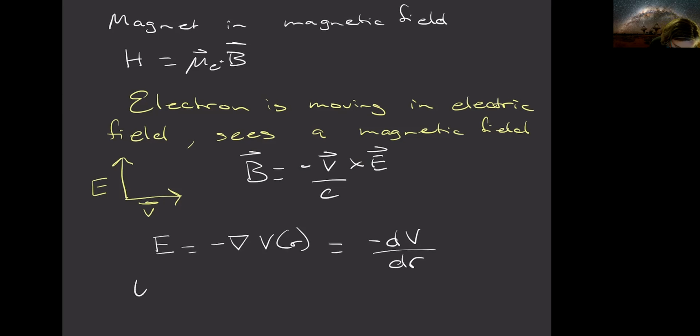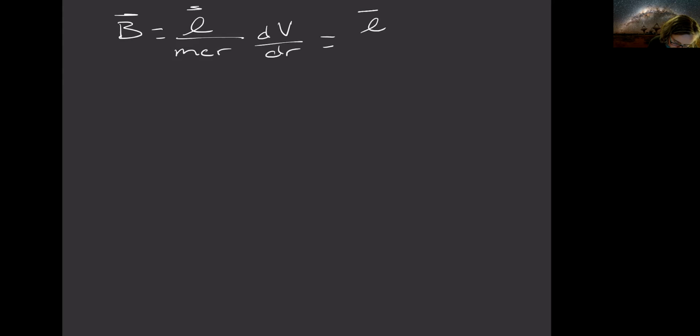And if we remember that the electrostatic potential energy, U_E, is equal to e times V, and of course remembering that the orbital angular momentum is mv cross r, then we can work through to show that the magnetic field in this electron situation is just 1/(mcr) dU/dr.